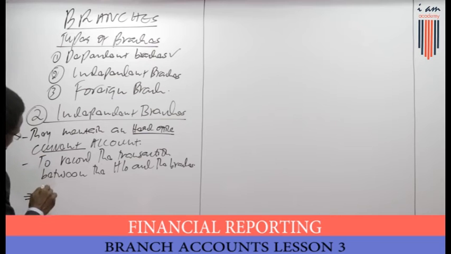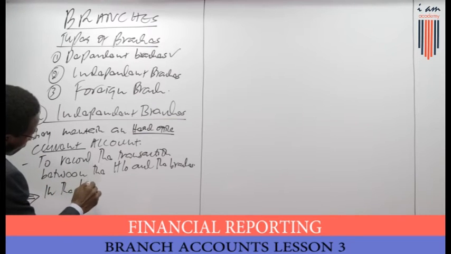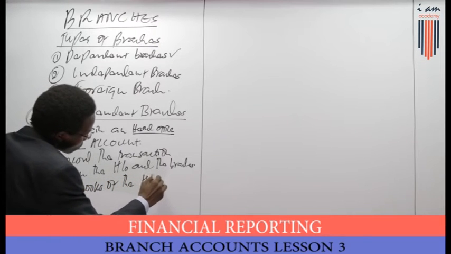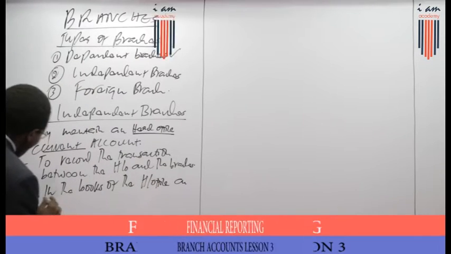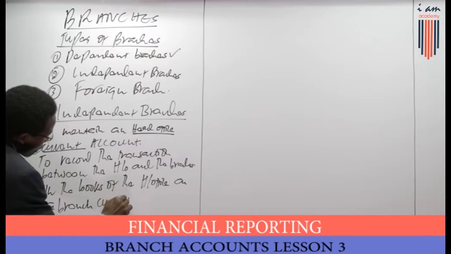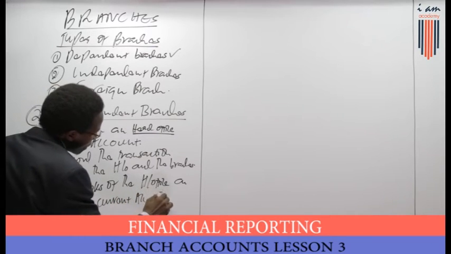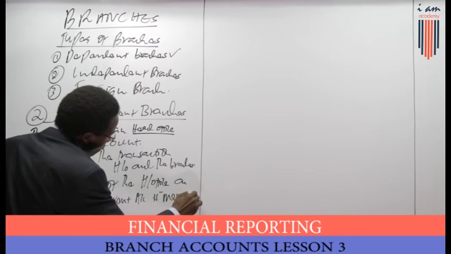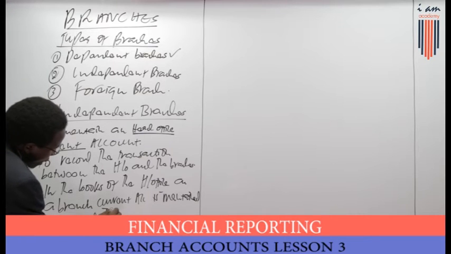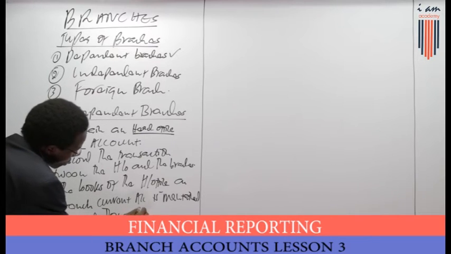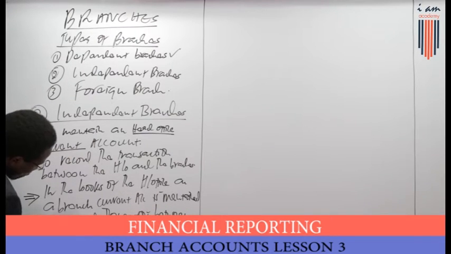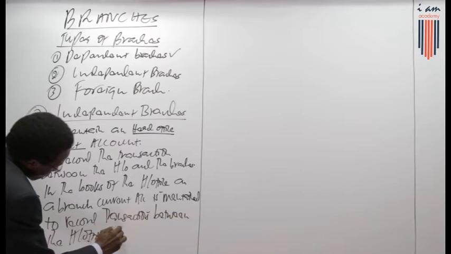But in the books of the head office, a branch current account is maintained to record transactions between the head office and the branch.